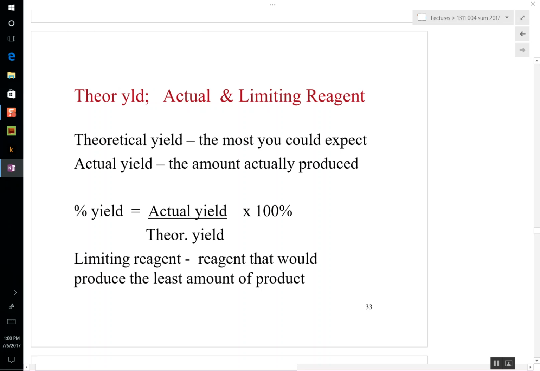Limiting reagent. You can think of this as limiting reactant. Let me give you a real practical example. Your automobile. Your automobile runs off of a chemical reaction. Gasoline combined with oxygen to form CO2 and water and energy. If you see a car pulled off on the side of the road, did it run out of gasoline or did it run out of air?